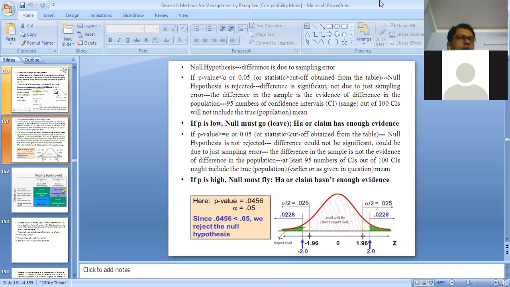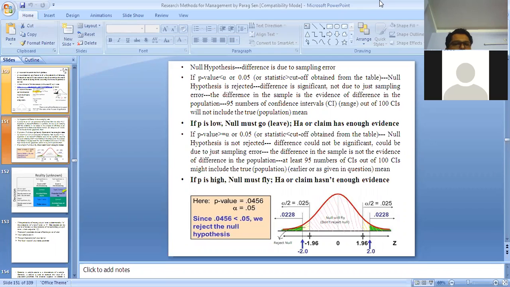That means if your p value is low, you can reject your null hypothesis, and there will be enough evidence for your research claim or research hypothesis. If your p value is less than 0.05, you can say there is enough evidence that the VITian research scholars are stressed.